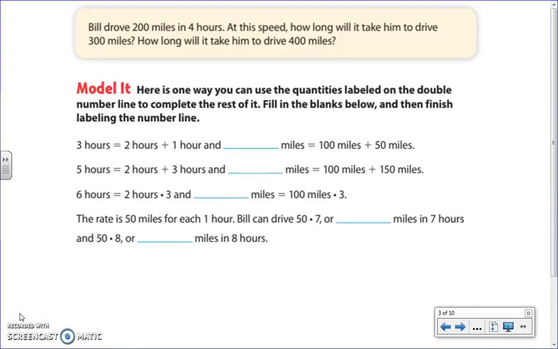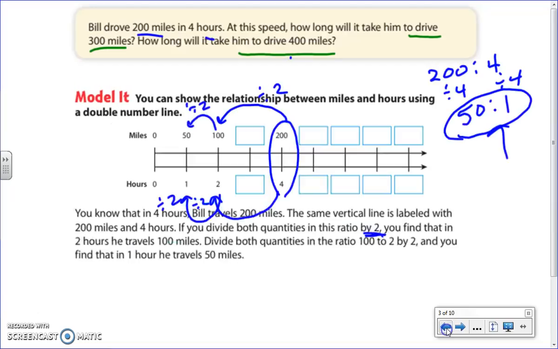It says that 3 hours equals 2 hours plus 1 hour, and blank miles equals 100 miles plus 50 miles. So we're going to start with an addition. I know that 1 plus 2 would equal 3, and so 50 plus 100 would equal 150.